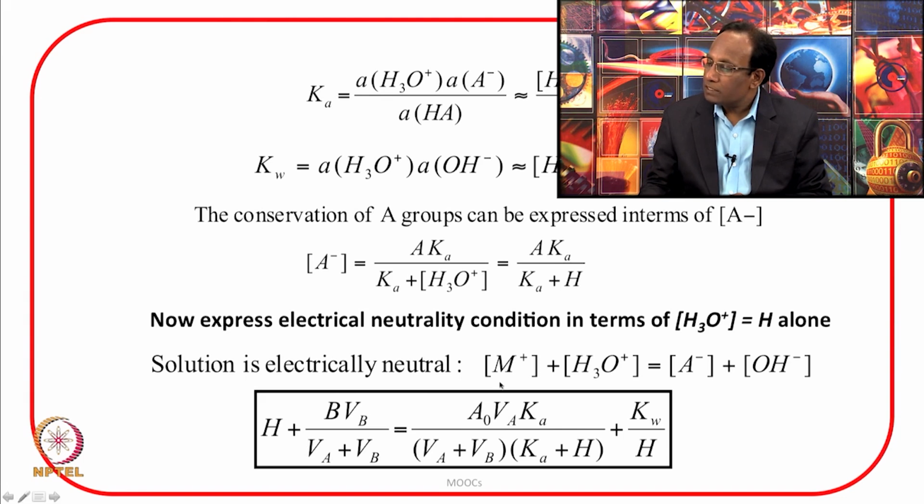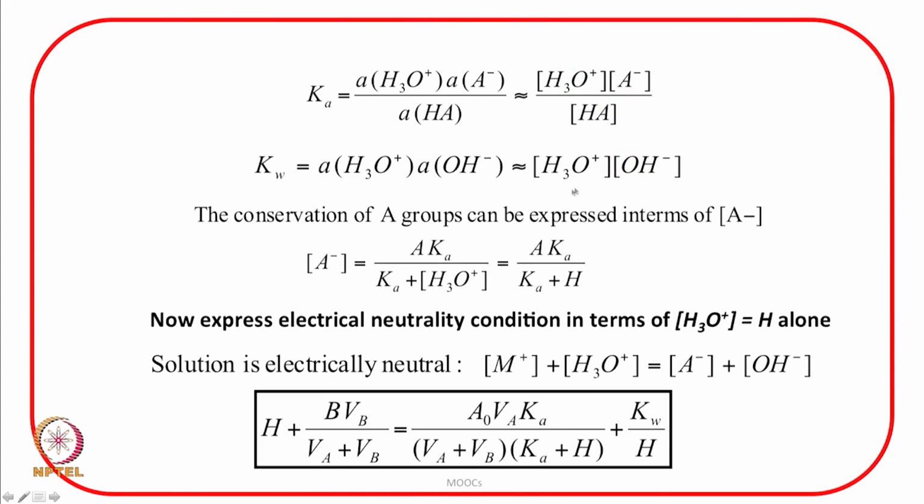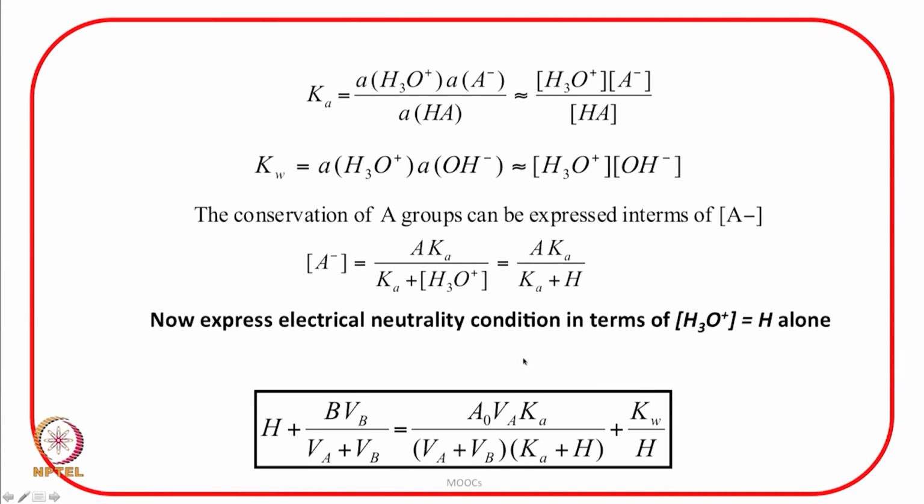For A minus I have discussed, A minus is A times Ka over Ka plus H, and OH minus, from this expression I can write in terms of Kw divided by H, and M plus can come from the previous discussion.